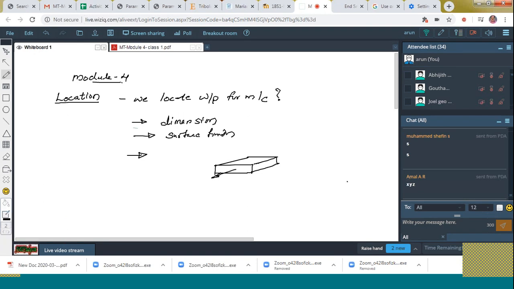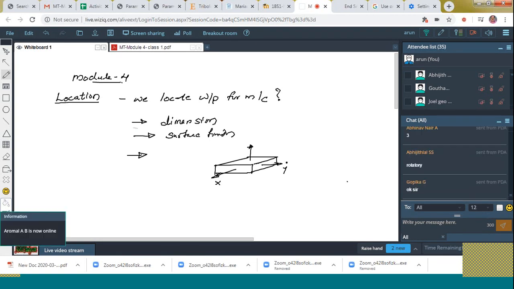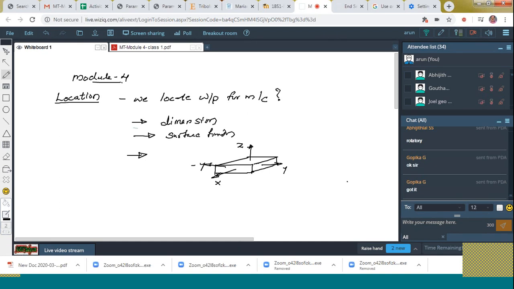Say this is my x-axis, this is my y-axis, and the z-axis is there. Linear motion is there, plus and minus. Here it is minus y, here plus z, here minus z, and here minus x. Totally, how many linear motions? 6 linear motions are there.